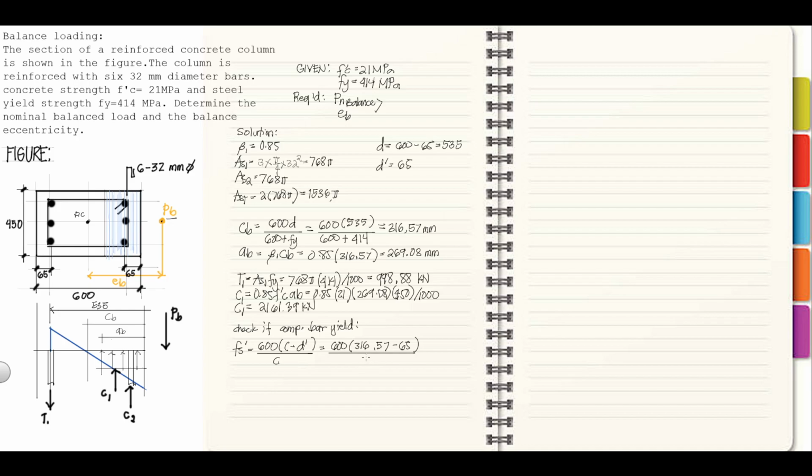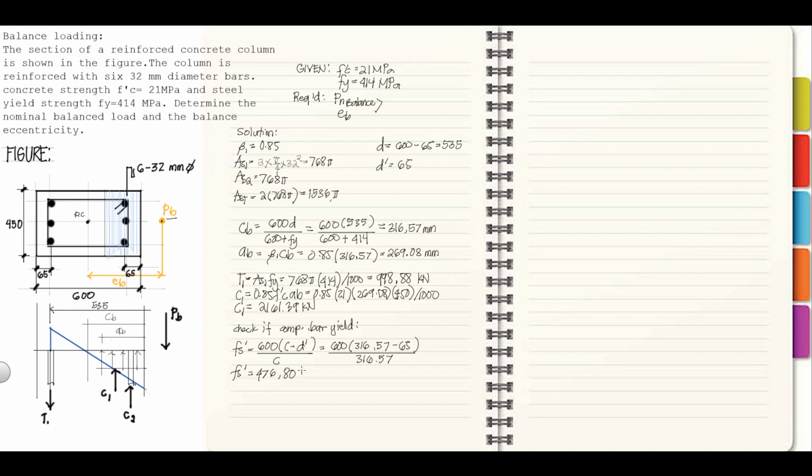Okay? And then, all over C, 316.57. So, what is Fs prime? So, that's 600 times 316.57 minus 65 all over 316.57. So that is 476.80.